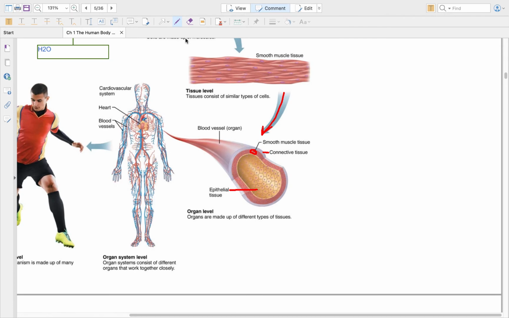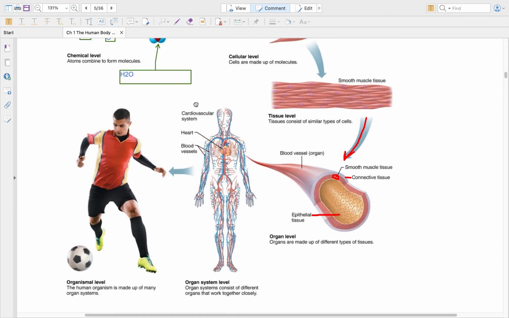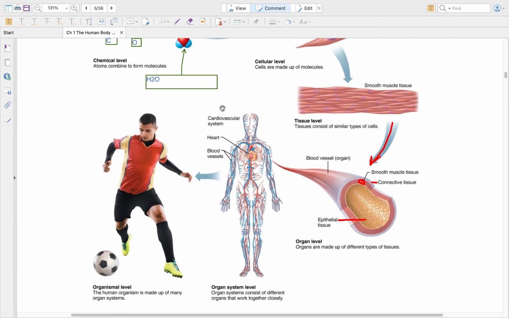Our organs that have the same function in common make up our organ systems. They've used the cardiovascular example that I previously used. What they're showing us is that the heart, the blood vessels, and don't forget the blood inside all work together to operate your cardiovascular system. All organ systems come together and make up an entire organism.